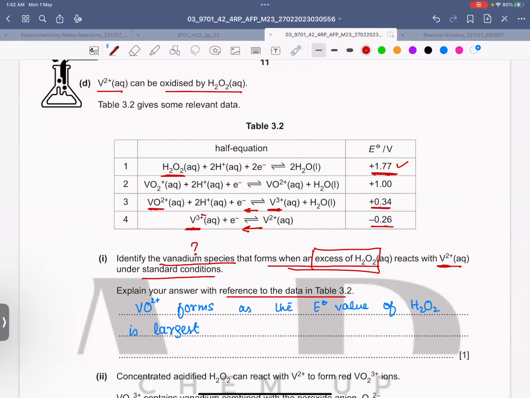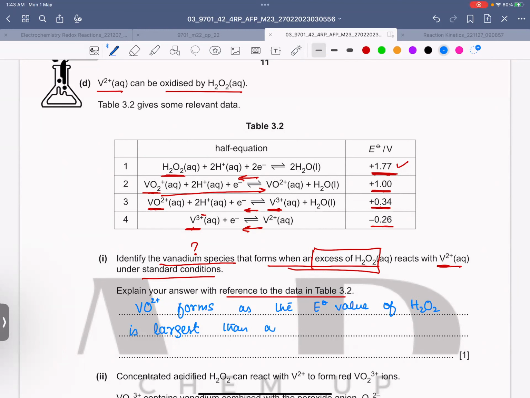So this would occur. And then it can further oxidize to VO2 with a +1 charge because its value is even smaller. So yes, VO with a 2 positive charge would form as the E0 value of H2O2 is largest among all. Is this clear? Or largest?